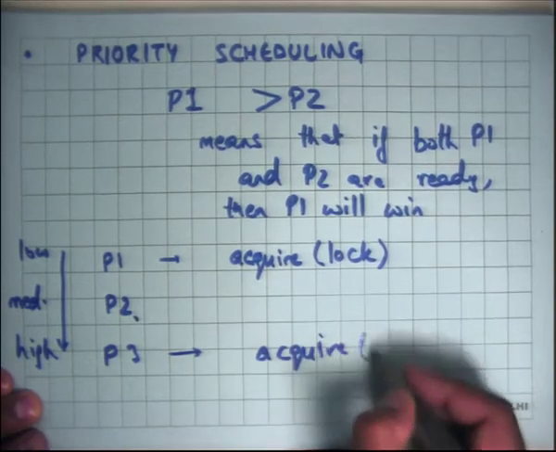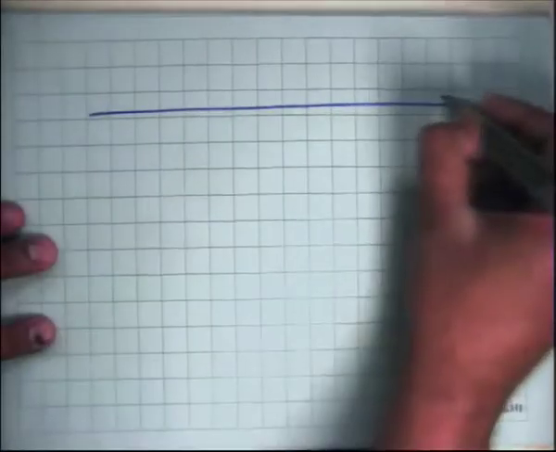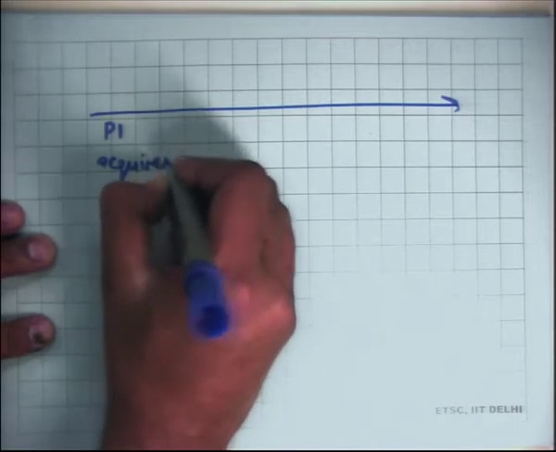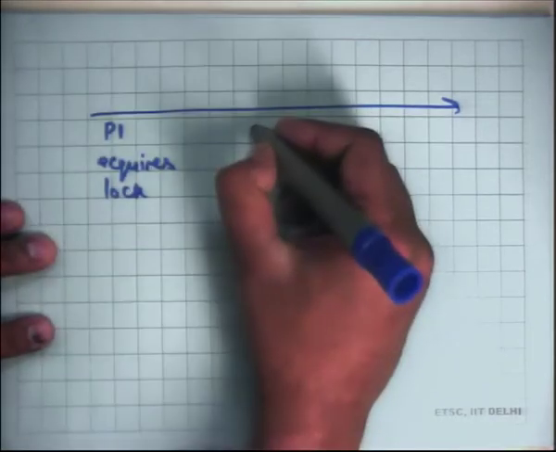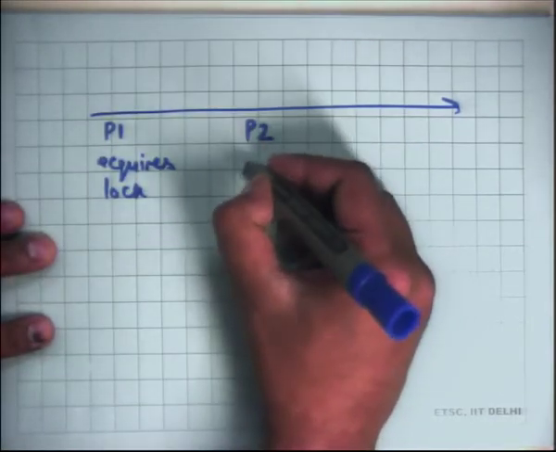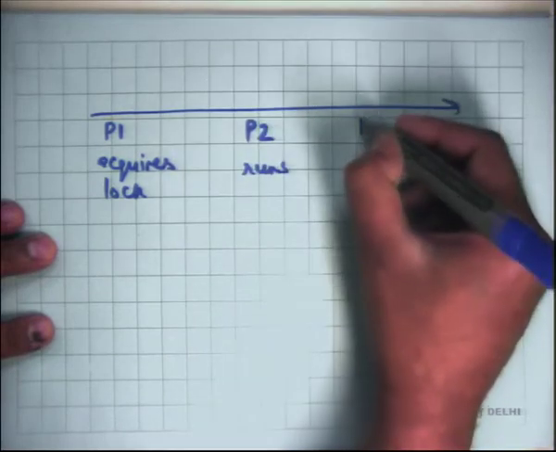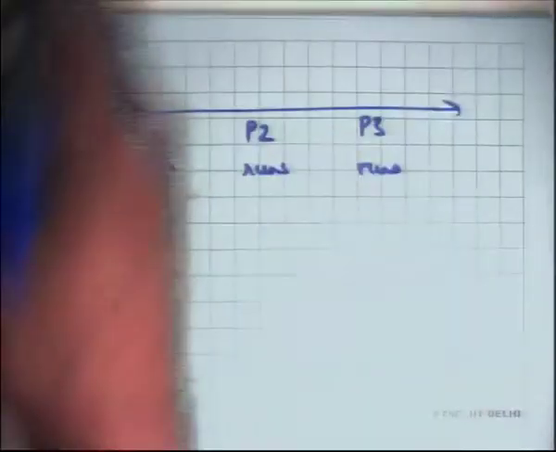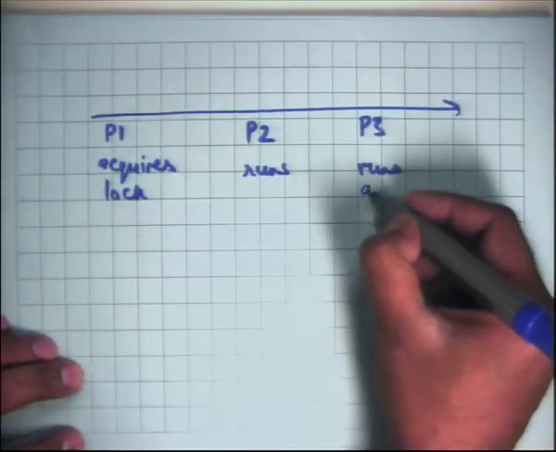So this is my timeline. P1 acquires the resource or lock, P2 runs, P3 comes in, P3 is higher priority, so P3 starts running and tries to acquire the lock.